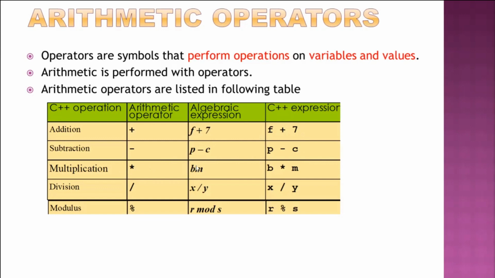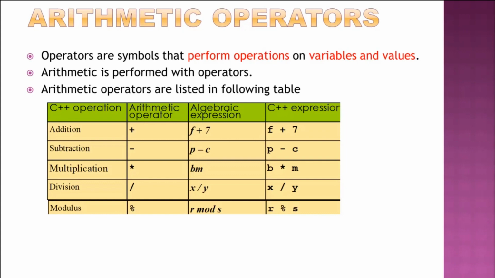But for multiplication, you can see that it's written over here as bm. When you write bm in a C++ program, it will be considered a new variable, and it will give you an error that you have not declared bm, although you might have declared b and m separately and given some values to b and m.